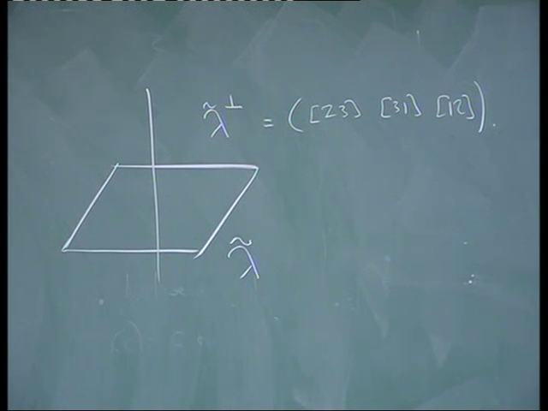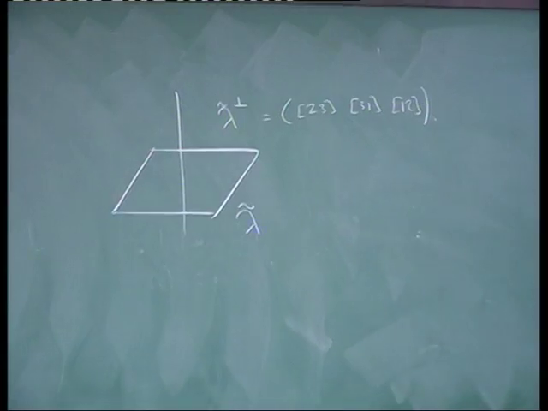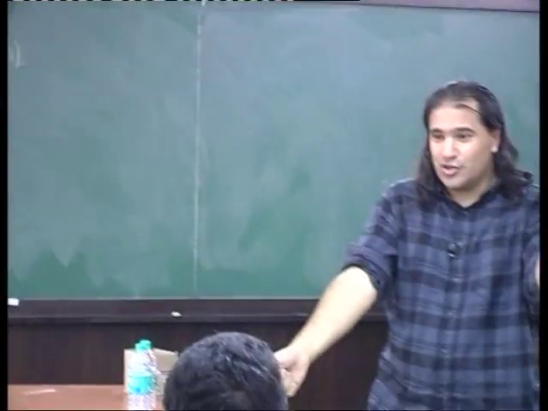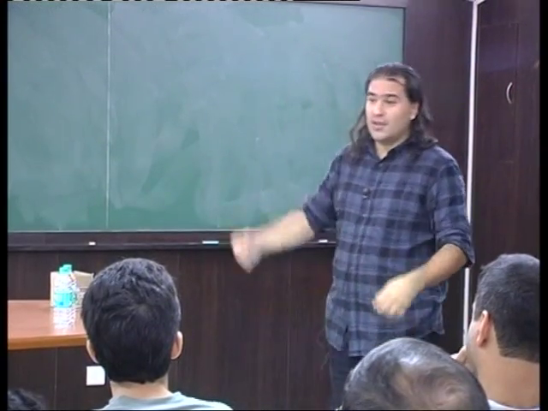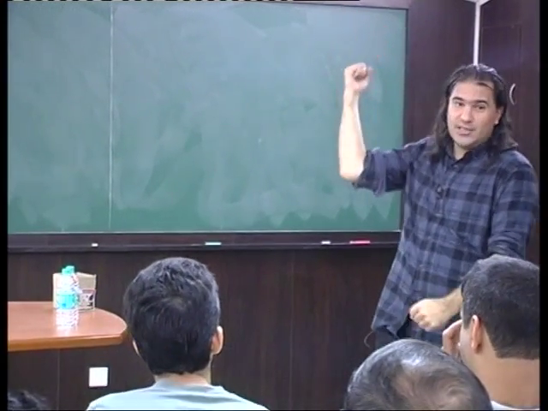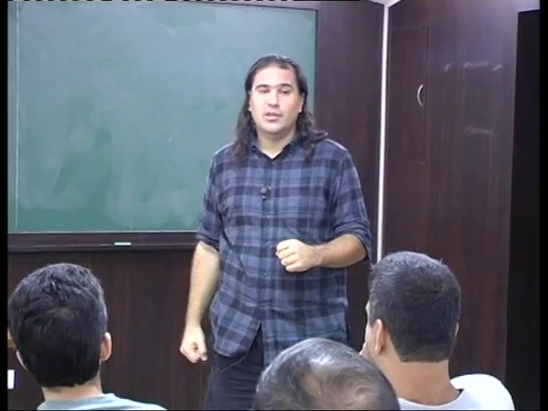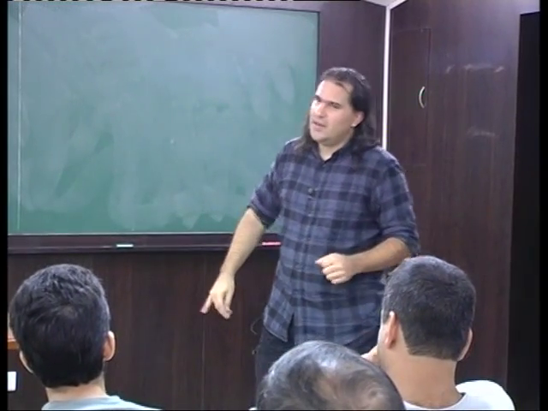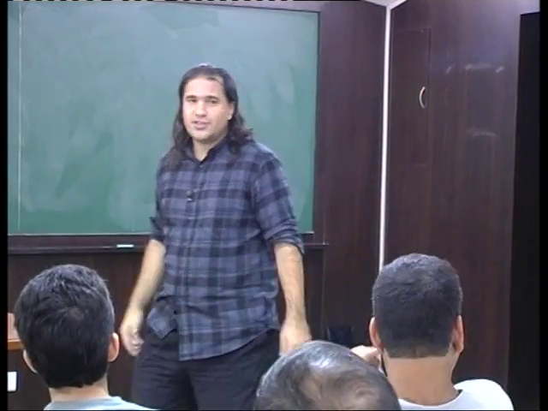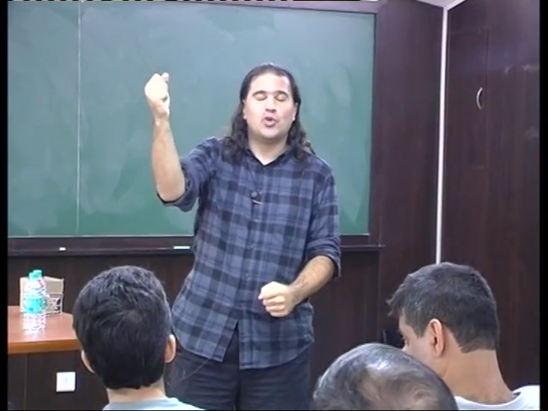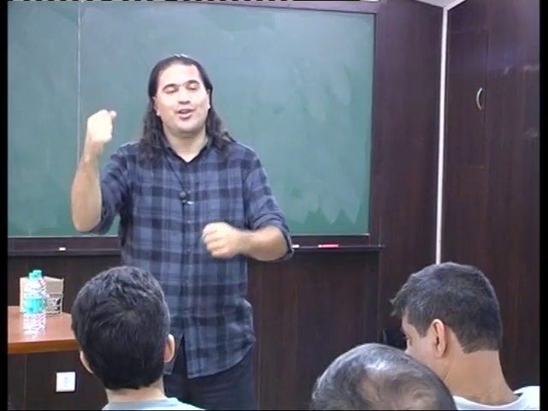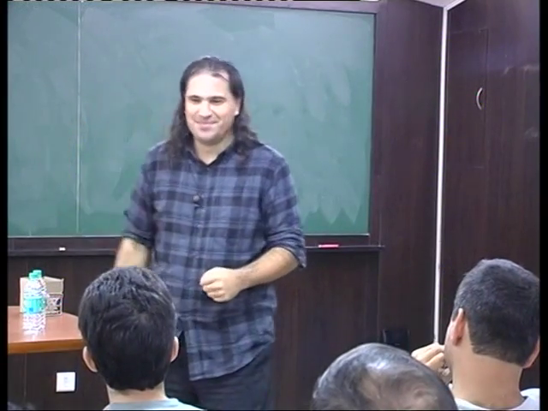Okay? So if we do that, we're not directly imposing a constraint between the lambda and the lambda tilde, we're introducing a third object and forcing this line to contain lambda and be orthogonal to lambda tilde. Now, just for convenience of writing the formulas, forcing it to contain lambda is the same as forcing its orthogonal complement to be orthogonal to lambda. Right?